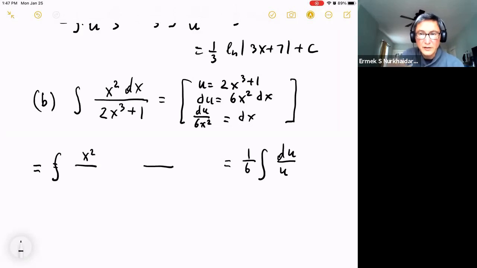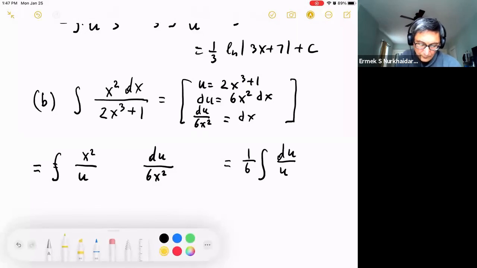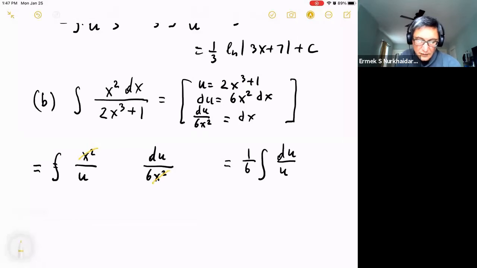I'm sliding dx to the side, so I'm writing du over 6x squared instead of dx, and instead of 2x cubed plus 1, I'm going to write u. And then I will reduce x squared and x squared. Then I realize 6 is a constant on the bottom, so 1/6 integral du over u.